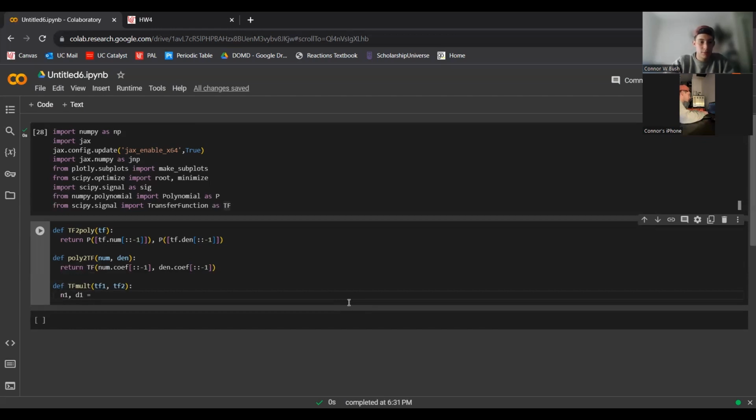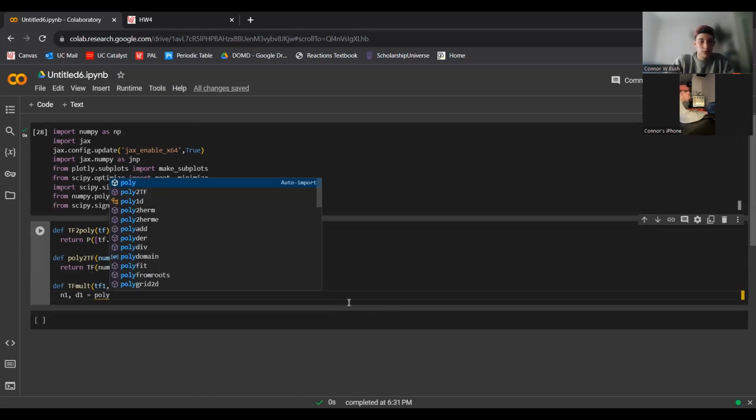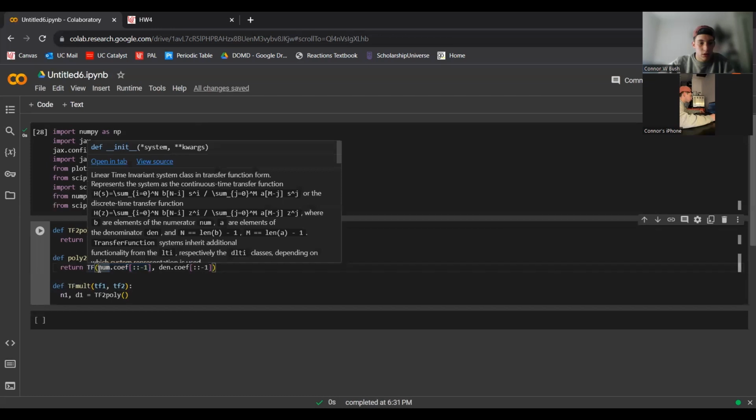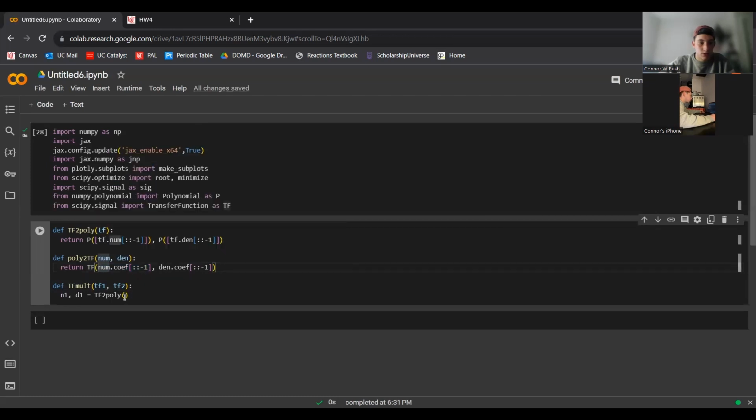And to do that, we are going to do TF2 poly. And if you look here, it's returning this transfer function numerator, denominator. So it's splitting those there.